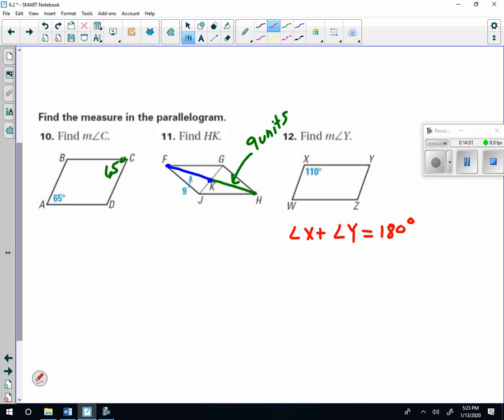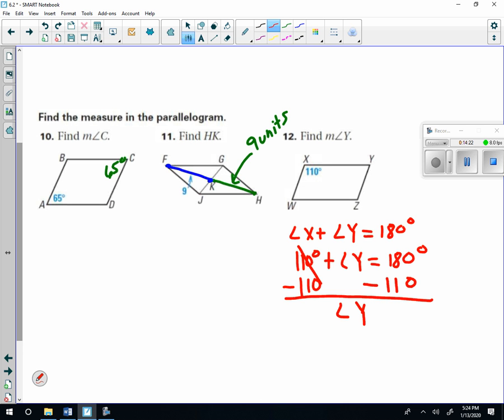But in this case, the two consecutive angles we need, which are supplementary in parallelograms, are X plus Y. Substituting the angle measurement for angle X and solving for Y, we get the measure of angle Y equals 70 degrees.